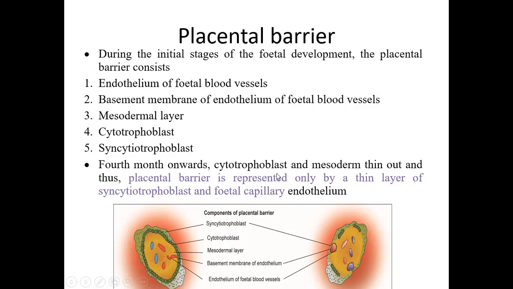So fourth month onwards, cytotrophoblast and mesoderm thin out, and thus the placental barrier is represented only by a thin layer of syncytiotrophoblast and fetal capillary endothelium. So we have endothelium, we have basement membrane, and we have syncytiotrophoblast. Just three layers will form the placental barrier.